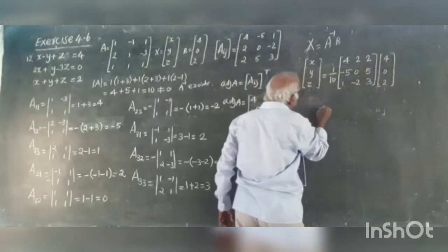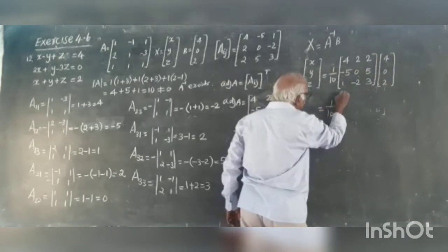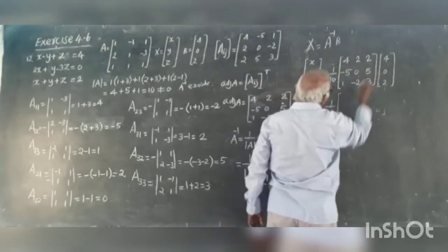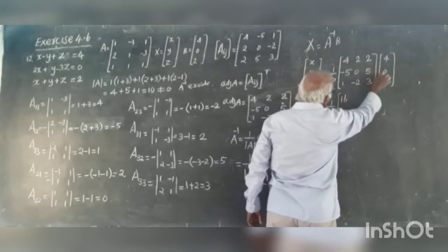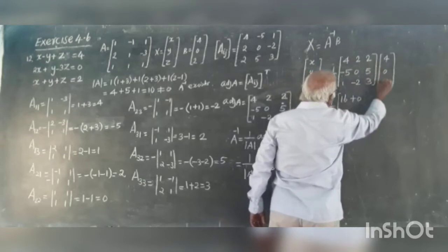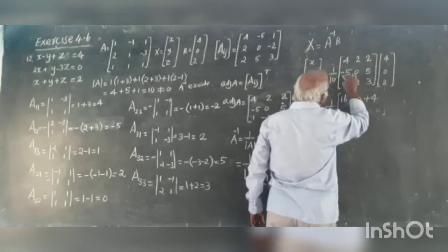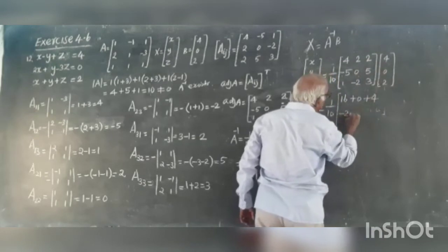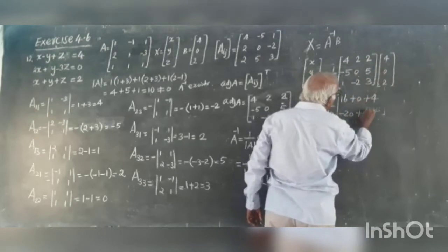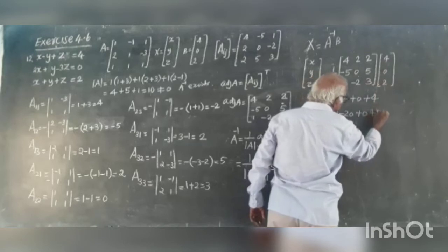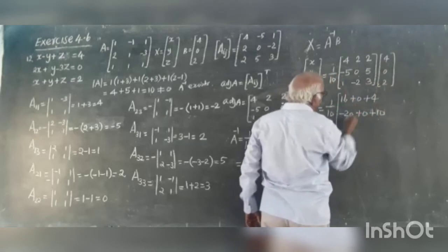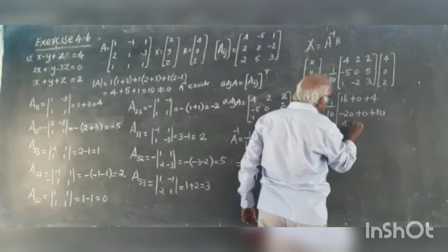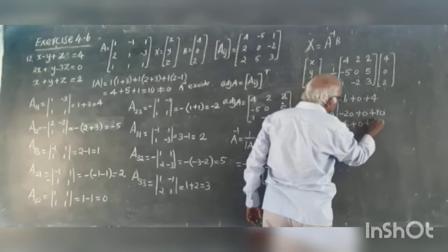Then carefully multiply: 1 by 10 into 4 into 4, 16, 2 into 0, 0, plus 2 into 2, 4. Minus 5 into 4, minus 20, 0 into 0, 0, 5 into 2, 10. 1 into 4, 4, minus 0, plus 6.